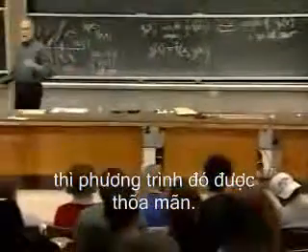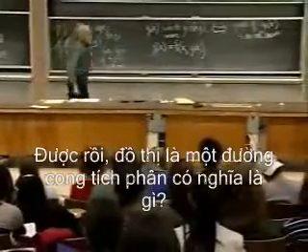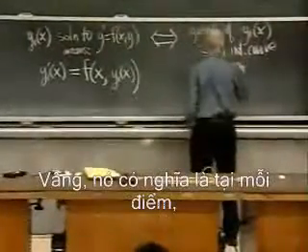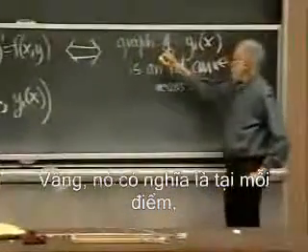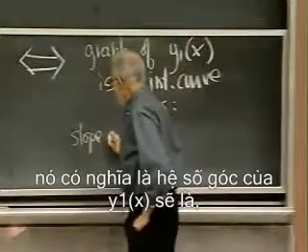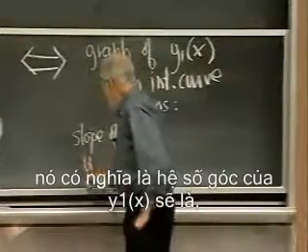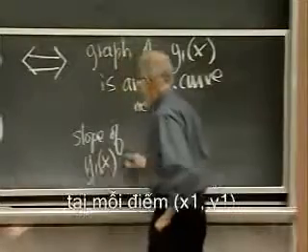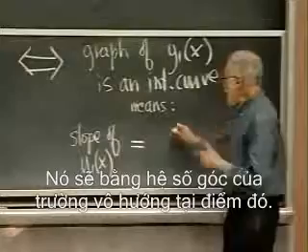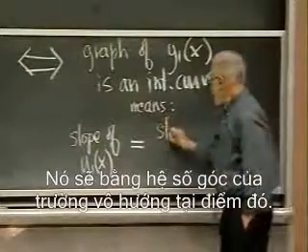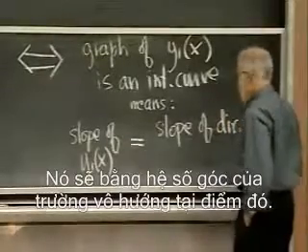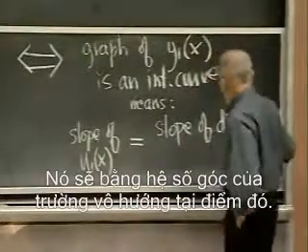That equation is satisfied. Okay, what does it mean for the graph to be an integral curve? Well, it means that at each point the slope of y1 of x should be equal to the slope of the direction field at that point.